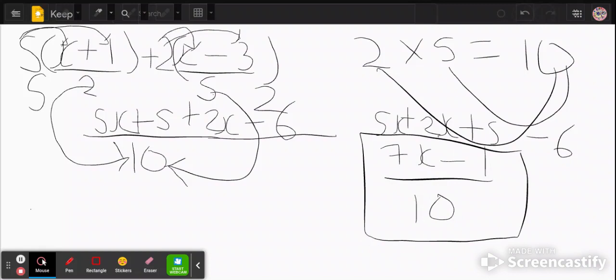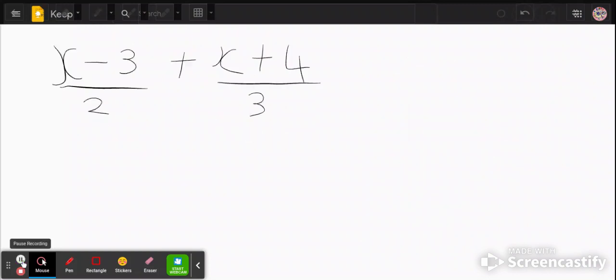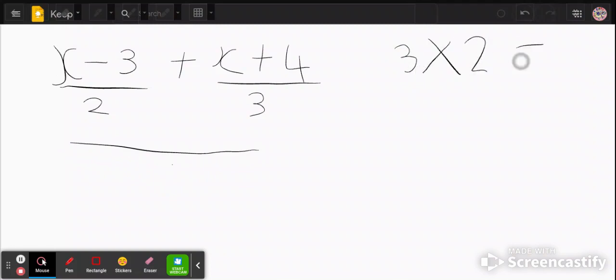Let's proceed. So this one states x minus 3 over 2 plus x plus 4 over 3, right? So as usual, we'll find our common denominator between 2 and 3, and that is 6, right? We'd simply multiply the denominators together, 3 times 2, which is 6.